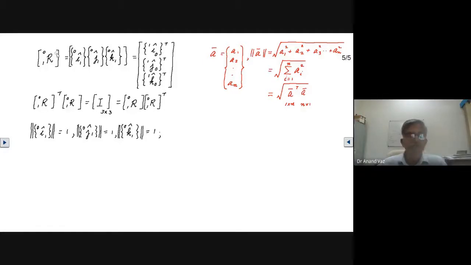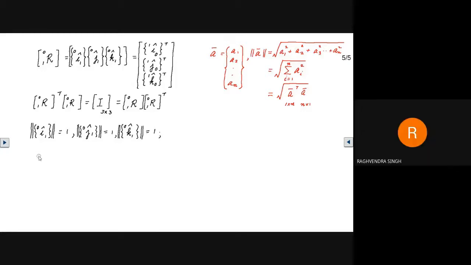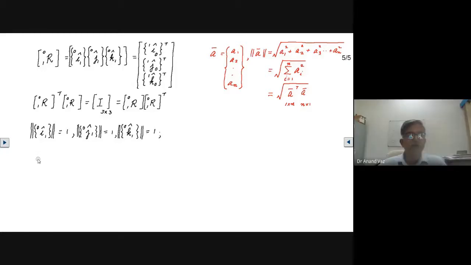That means if we take the vector I and I take its dot product with J. Now, how do I take the dot product? How do I write it in matrix form? I'm going to write it like this: I transpose J. This is going to be equal to 0.